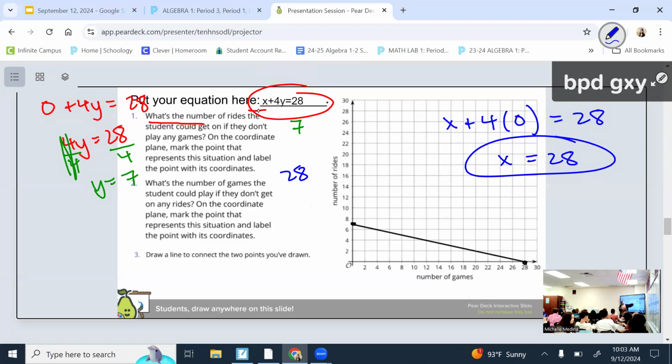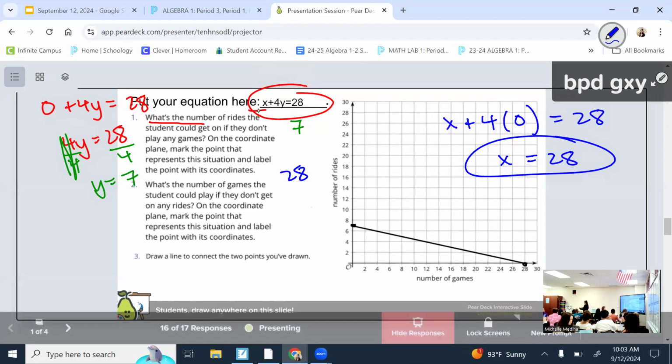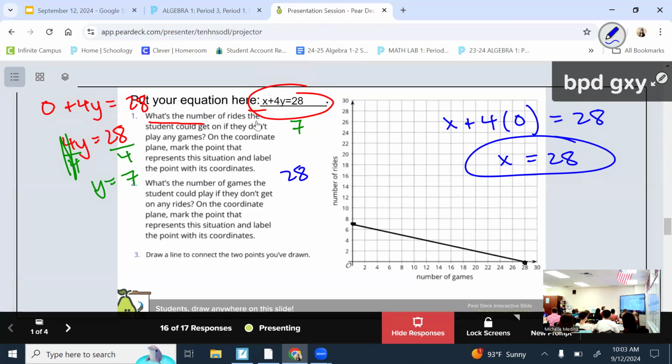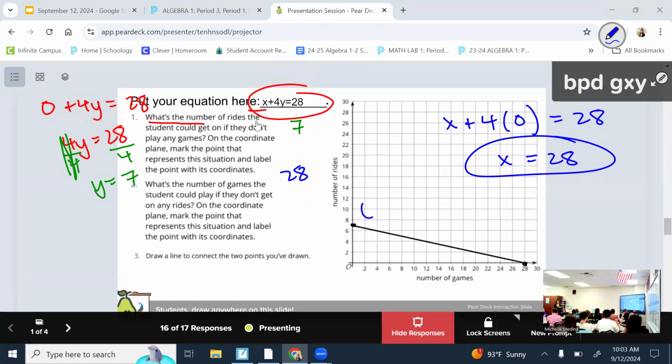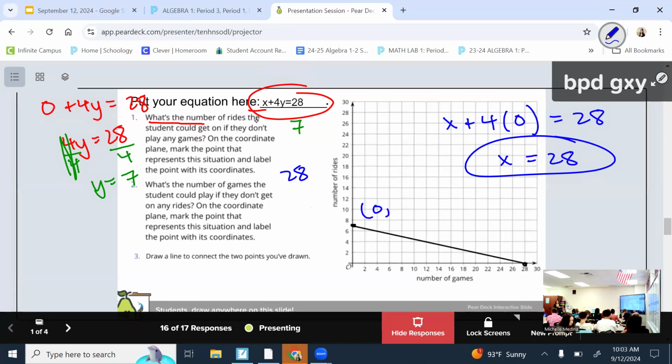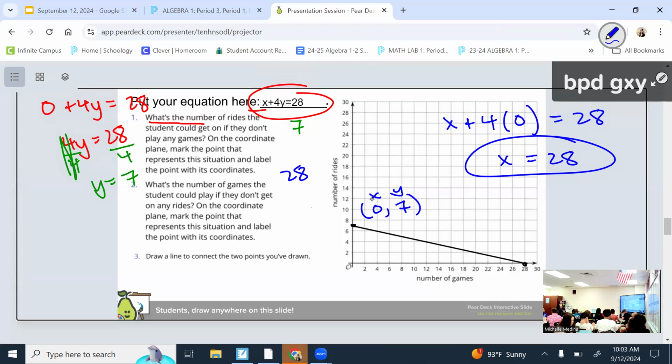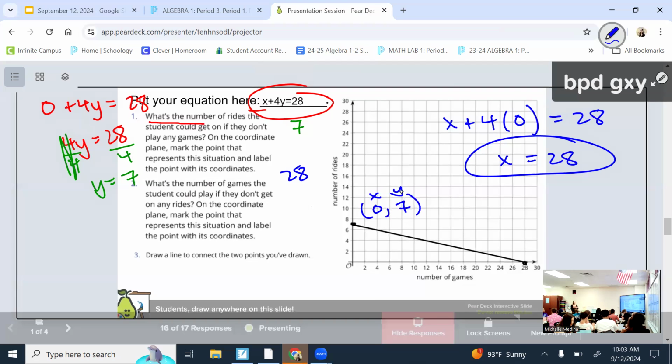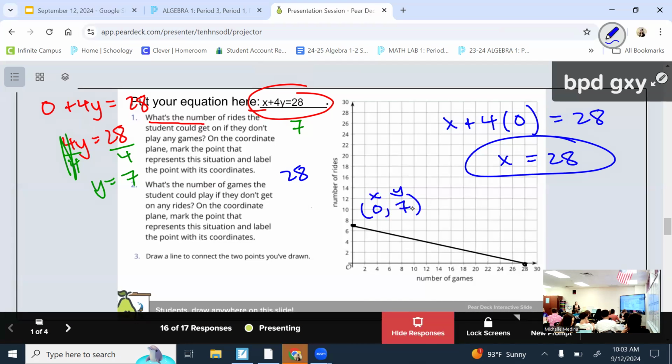Then plug in 0 for the other and solve. By definition, your y-intercept is when x is 0. So like this coordinate is 0, 7. X is 0. You guys remember coordinates, points, ordered pairs, whatever you want to call them? Well, whenever x is 0, that's your y-intercept.